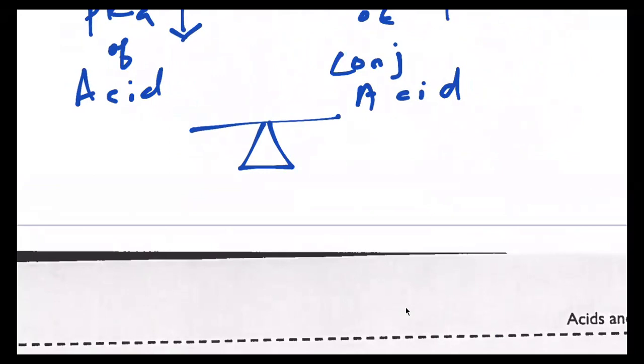So the way that we think about this as a seesaw, let's say the pKa on the left side is 10 and the pKa on the right side is 50. So the acid is 10, the conjugate acid is 50. Which way is that seesaw going to tilt? It should tilt toward the larger number, right? If you think about it in practical terms.